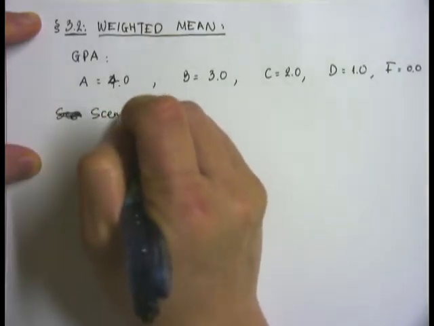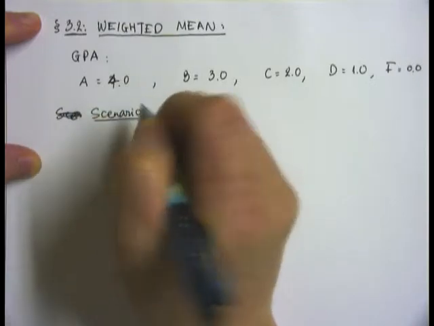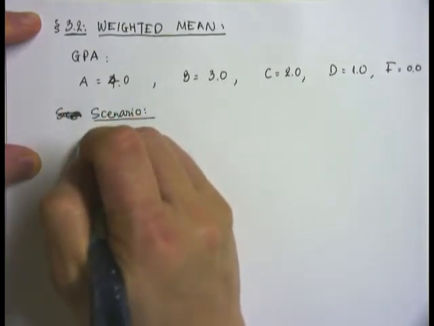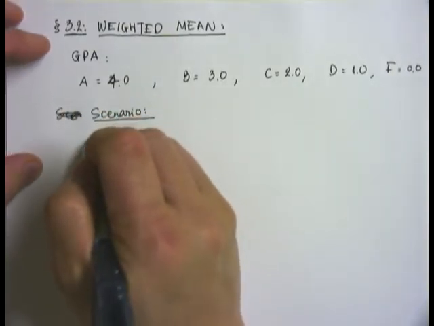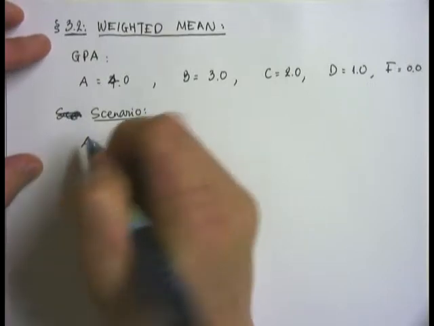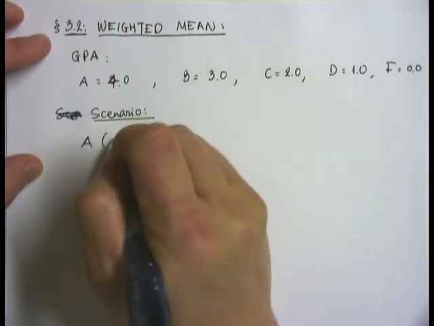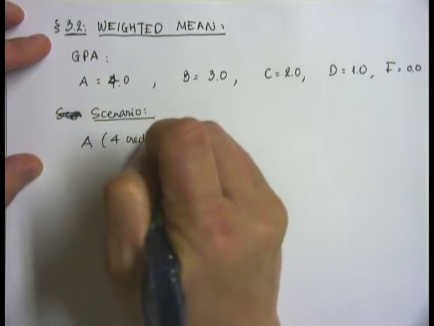Let's make up a scenario where a student by the end of a semester earns an A for a 4 credit class.